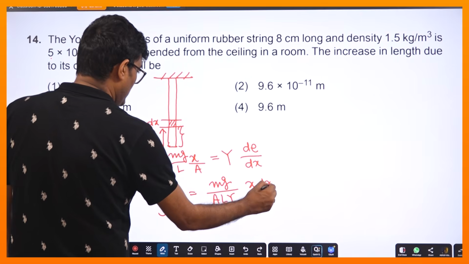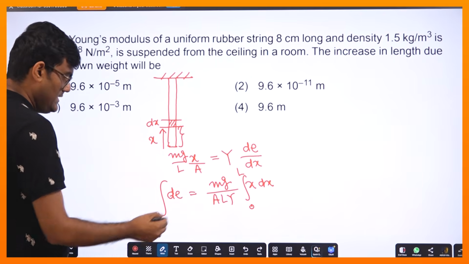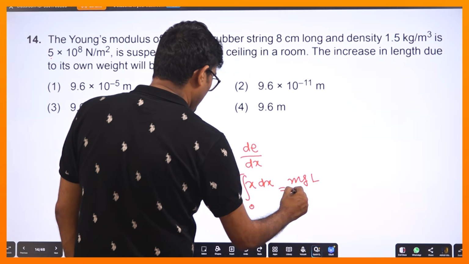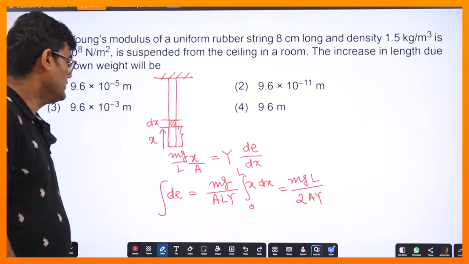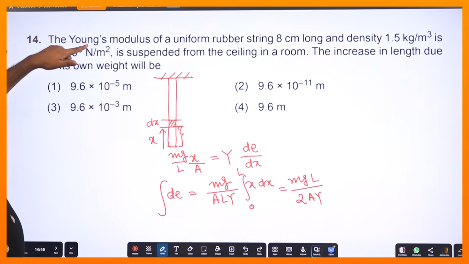X dx integral from 0 to L. It is L square by 2. So it is mgL by 2AY. Got it? So this is the total elongation. The increase in length due to its own weight will be, now you have to calculate it.